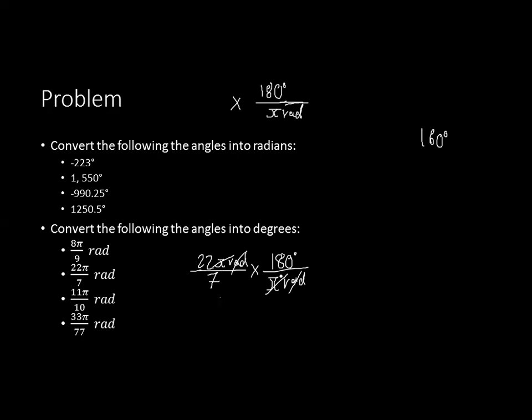So it's not divisible. What we have is 22 over 7 times 180 degrees. We multiply together: 22 times 180 gives 3,960 all over 7.